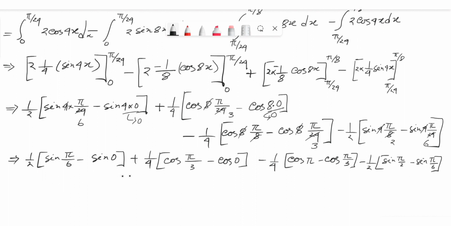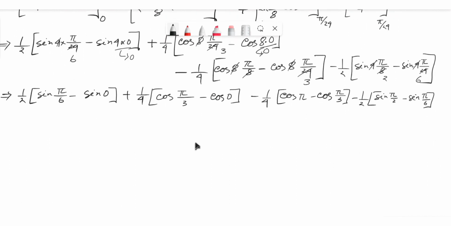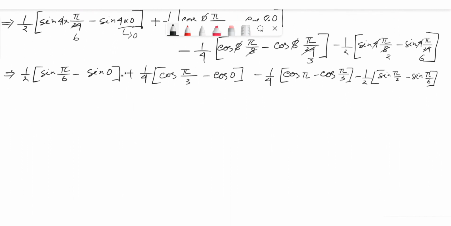So now we need to know the value of this. So sine pi by 6 will be 1 by 2. Sine pi by 2 will be 1.